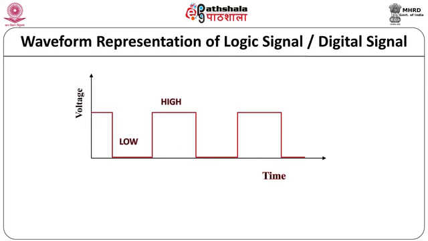In this, you can see one simple waveform for digital signal. In this signal, you can see there is high state and low state. This is square wave, square signal. Your y-axis is voltage axis and your x-axis is time axis. Your high state means 5 volt or higher voltage.